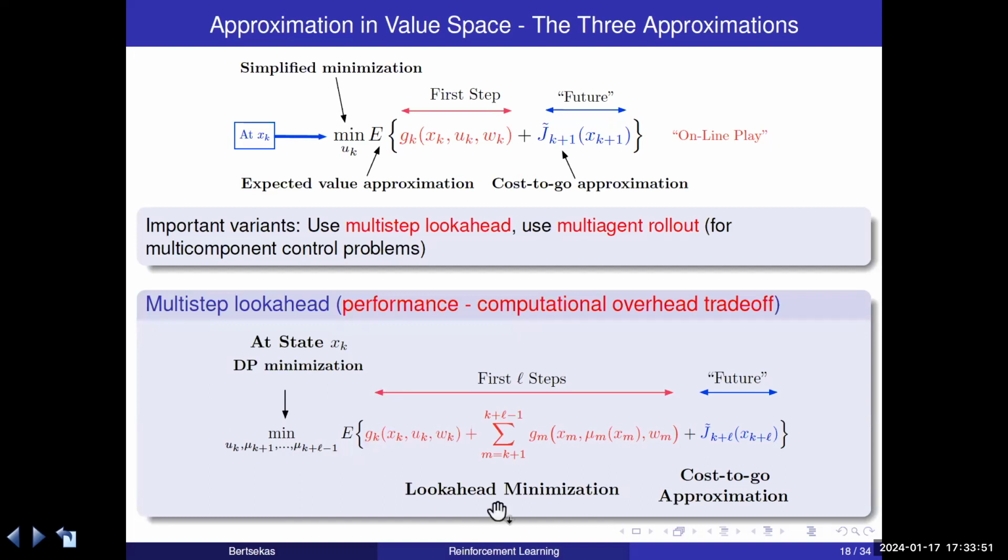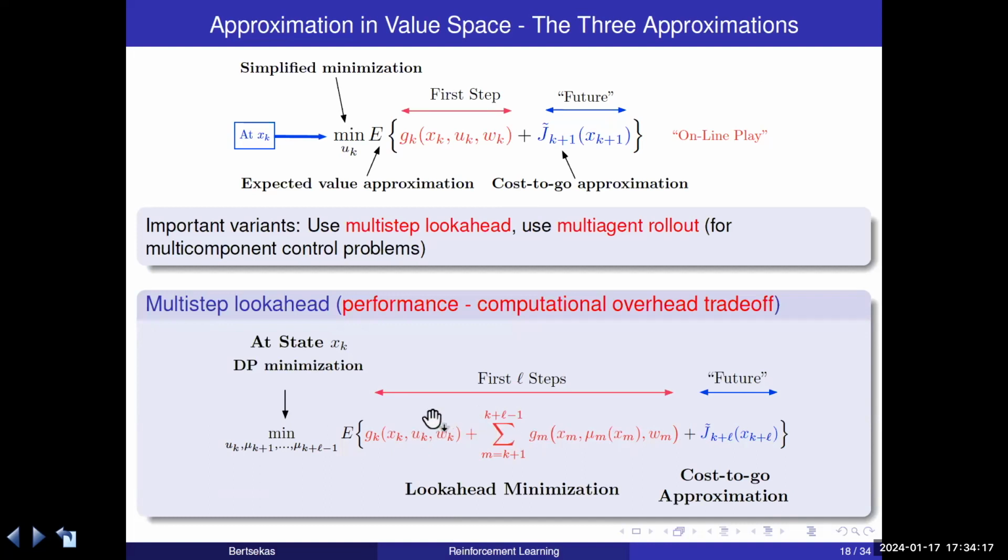Once you do this minimization, you apply u_k, then you go to the next state, do this minimization again, you get a multi-step policy, throw away everything except for the very first step, then go forward again, and so on. So the calculation is longer.